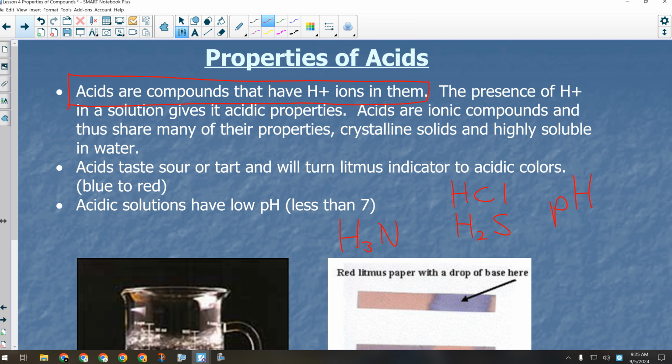An ulcer is when your stomach acid burns some part of your digestive tract that it's not supposed to. So you can get a gastric ulcer, that's actually in the stomach. You can get an esophageal ulcer, that would be in the esophagus, and you can get a duodenal ulcer, which is the first part of the small intestine after the stomach. It's acidic enough that it can give you a chemical burn basically inside your body.